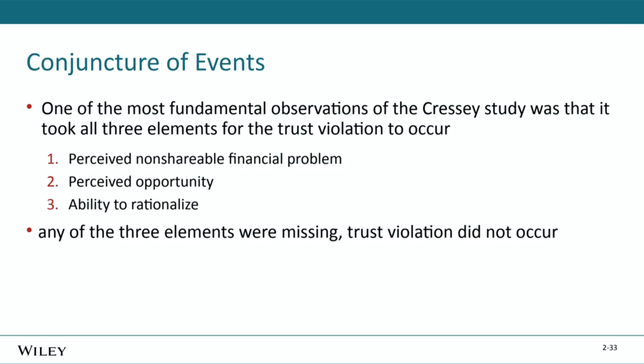The perceived opportunity, that really goes to controls. So if you can put the controls in place that would prevent someone from thinking that they can get away with it, as I say, putting the camera in the back of the computer room, then the fraud does not take place. And the ability to rationalize.